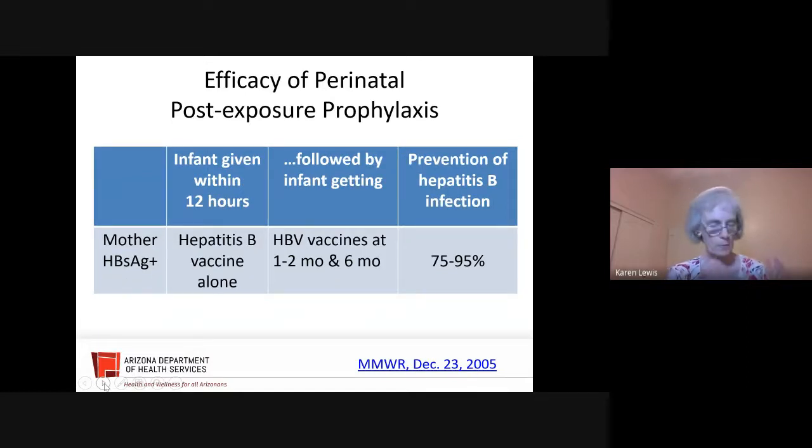If the mother is antigen positive, but the child did not get the HBIG, the hepatitis B immune globulin, but just got the vaccine, there is a little lower prevention of hepatitis B, but it still gives pretty good protection. So even when the mom is not known to be hepatitis B positive, you want to give hepatitis B vaccine as soon after birth as possible, just to give extra protection to the infant.